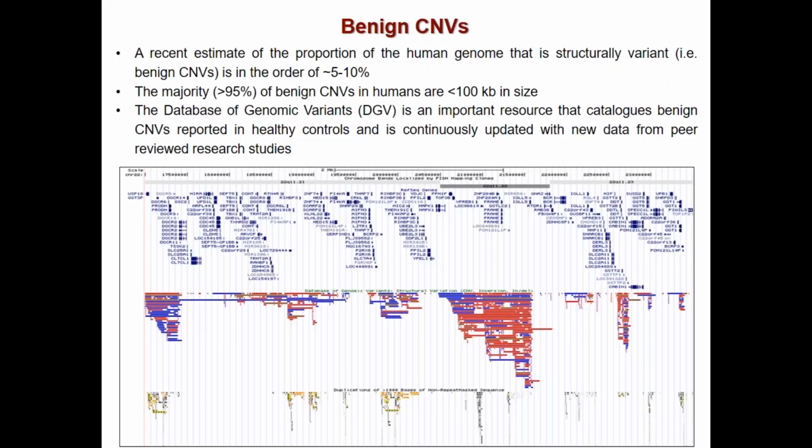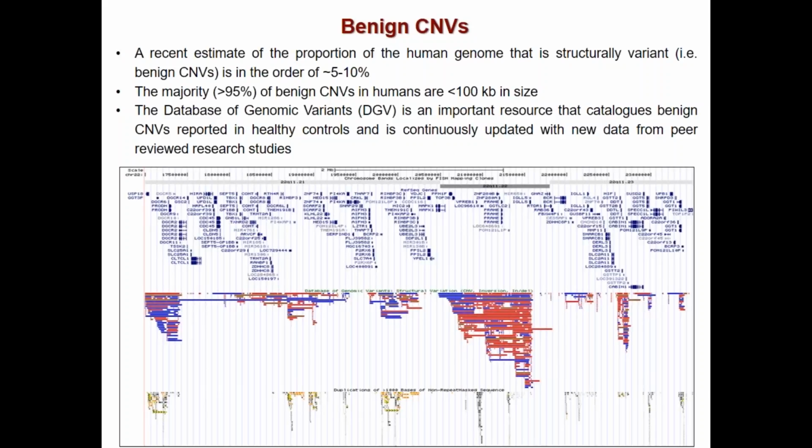We are zooming in on a stretch of chromosome 22, and you can see here a genomic ruler in base pairs. You have the cytogenetic bands, the RefSeq genes, and at the bottom something called segmental duplications.